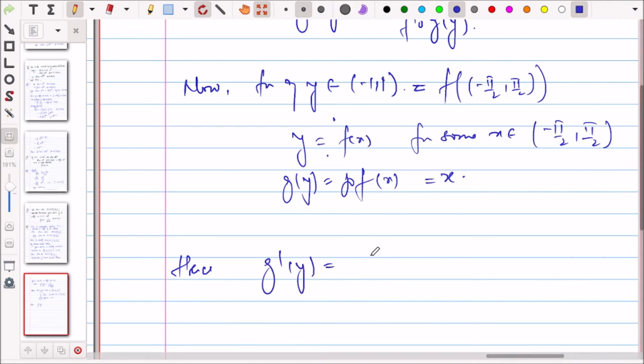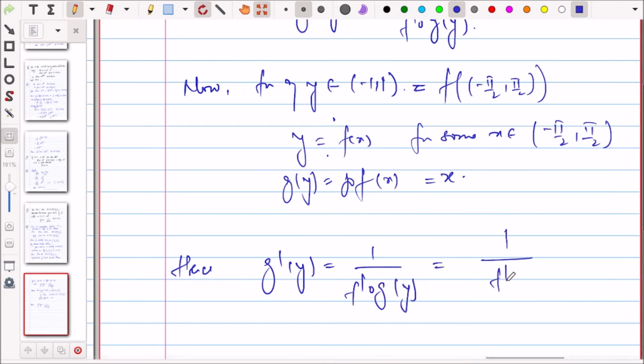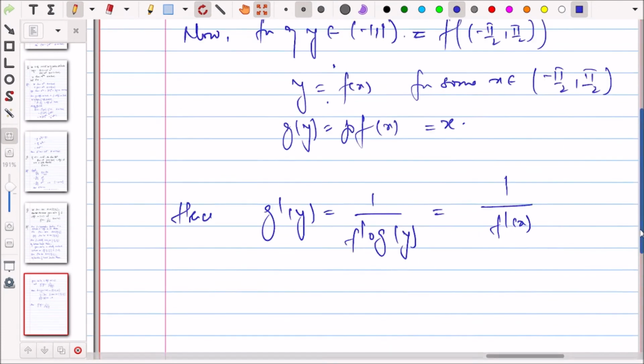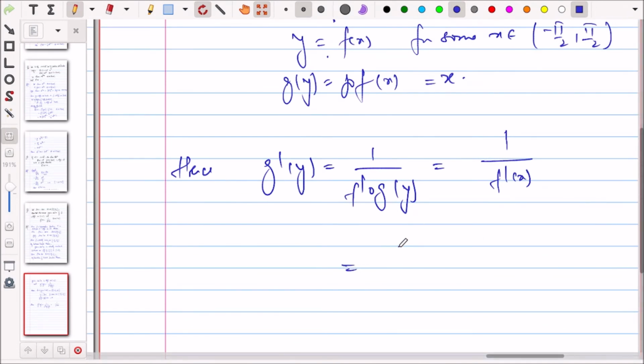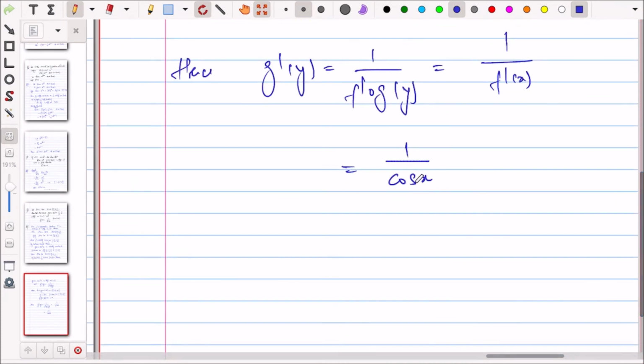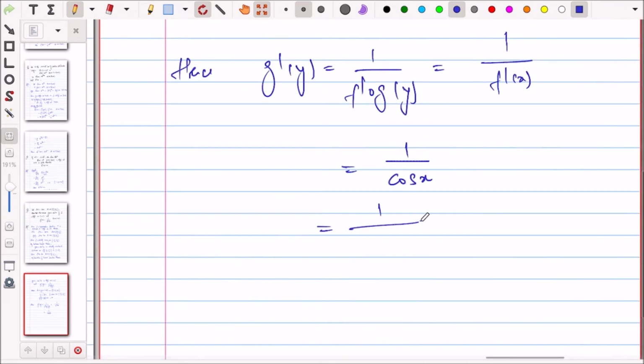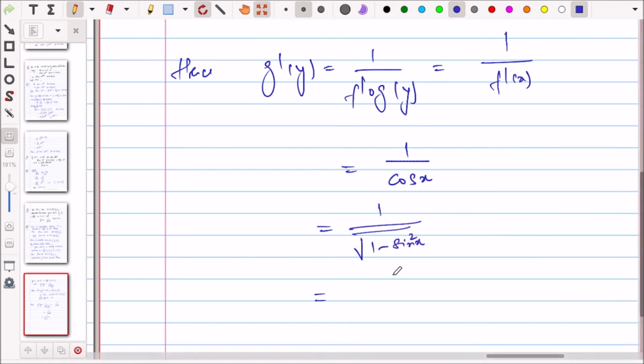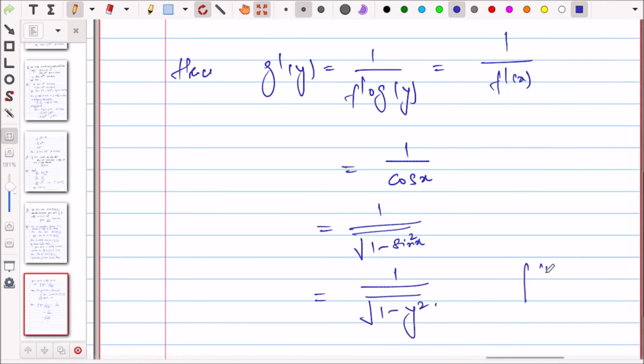So hence g dash y is equal to 1 by f dash of g(y), which is equal to 1 by f dash x. So what is 1 by f dash x, it is 1 by cos x. Now we have to bring it back in terms of y, so first we have to bring it in terms of sine, okay, 1 by square root of 1 minus sine square x, right, and which is equal to 1 by square root of 1 minus y square, since y is equal to f(x).